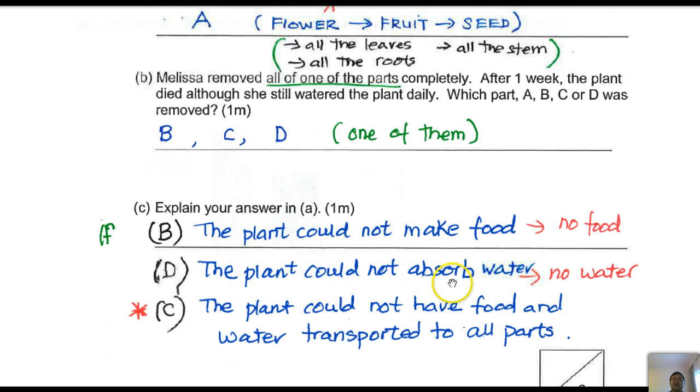It died because it could not do something, right, to receive air, food, or water. All right, in this case it's water. Over here, the plant could not have food and water transported to all parts. Why? Because simply you remove the stem. Why I put the asterisk here is because this is almost doomed. Once you remove the stem, it is very obvious that the plant will die as a whole.